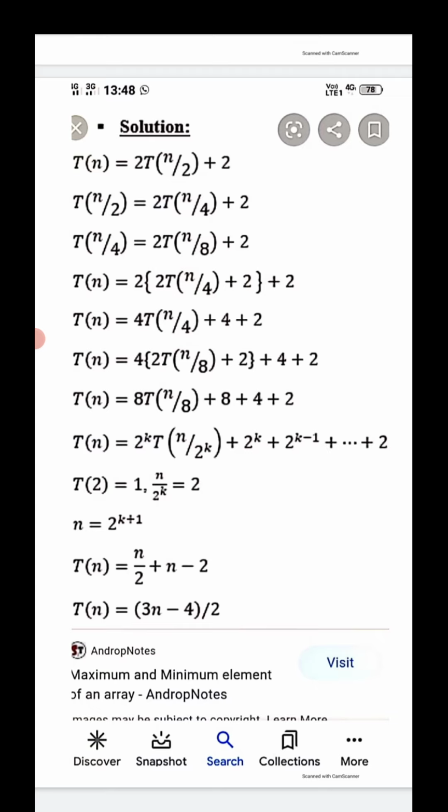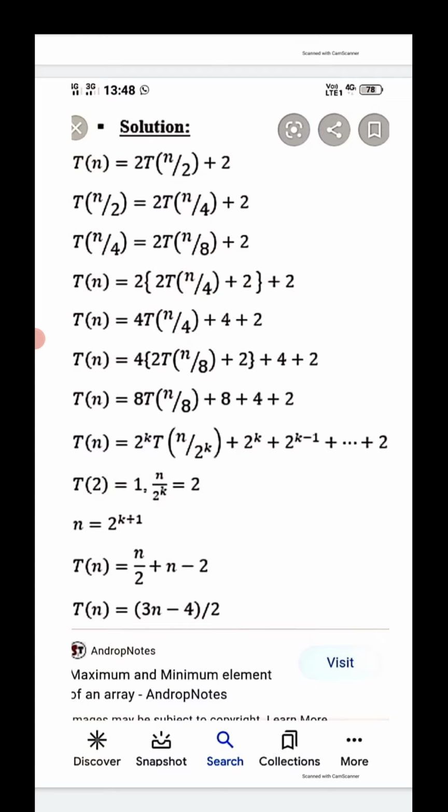Likewise, next we assume 8 is equal to 2 power k, so in place of 8 we write 2 power k. T of n is equal to 2 power k T of n by 2 power k plus 2 power k minus 1 plus and so on plus 2.